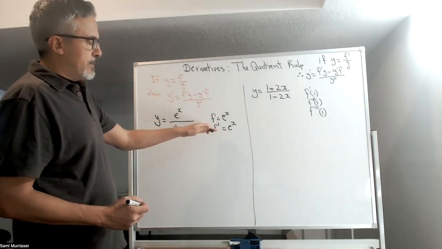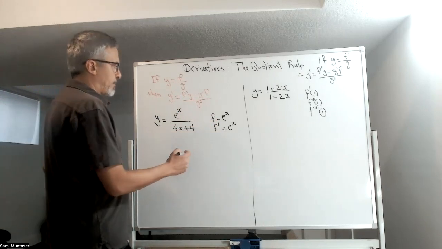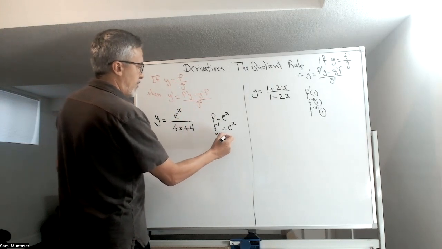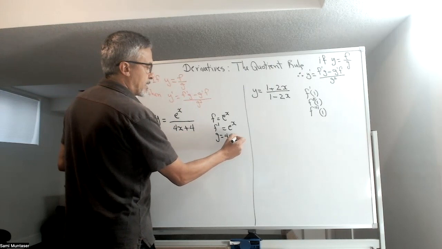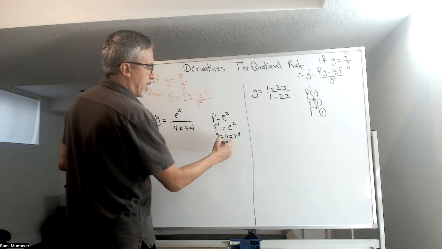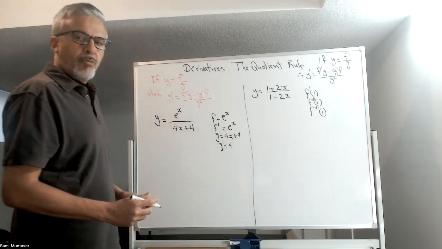And then our g here would be 4x plus 4. The derivative of 4x is just 4, and the derivative of a constant is 0. So that's what it is.